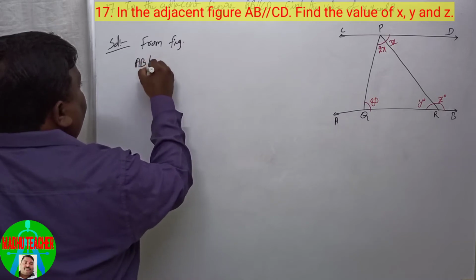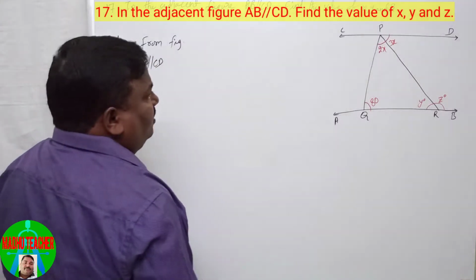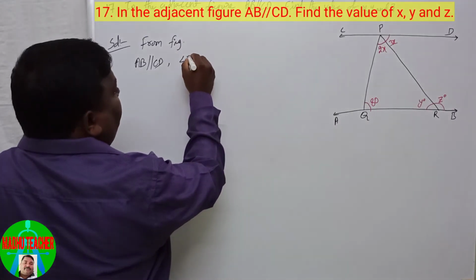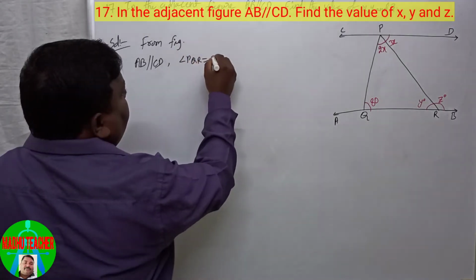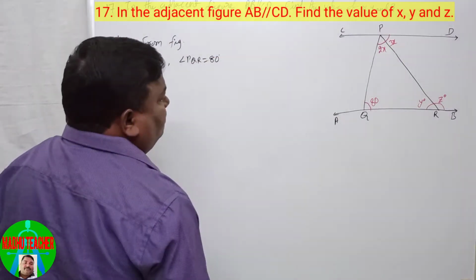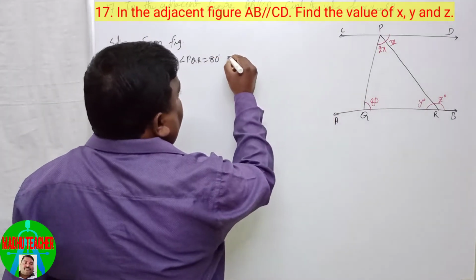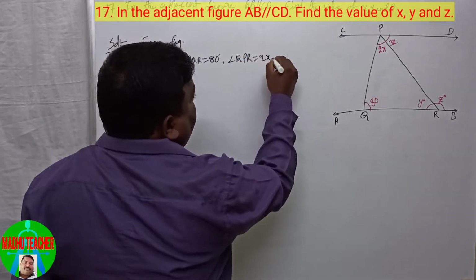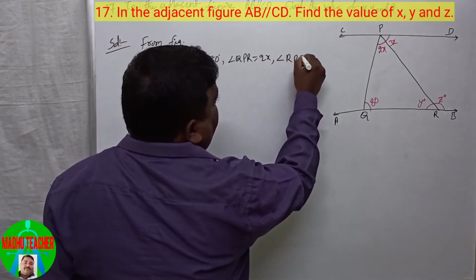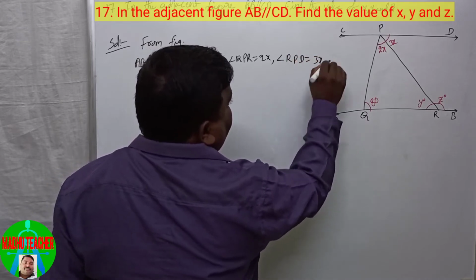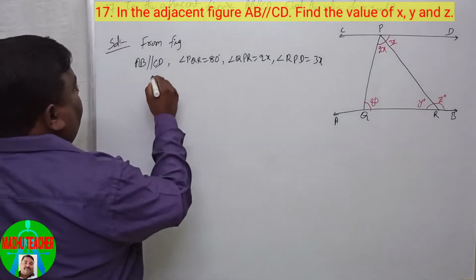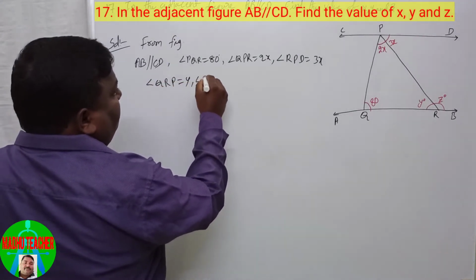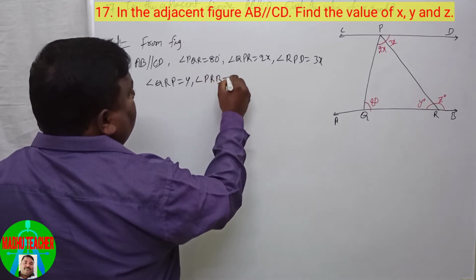AB parallel to CD and angle PQR equal to 80 degrees. Next, angle QPR equal to 2x, angle RPD equal to 3x, angle QRP equal to y, angle PRB equal to z.